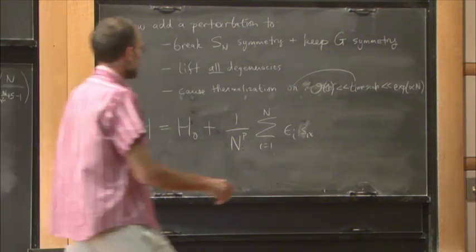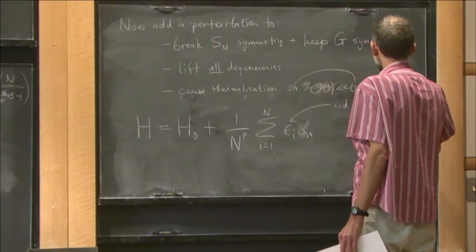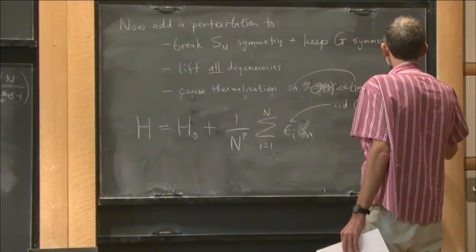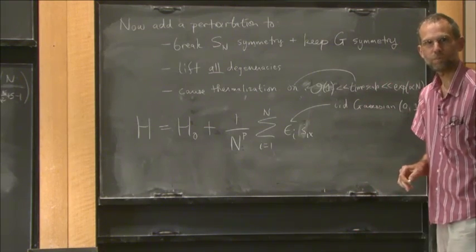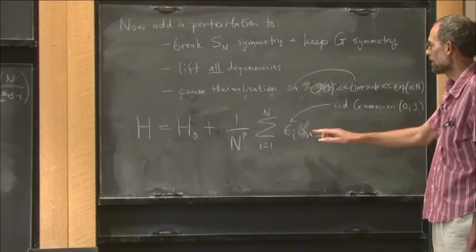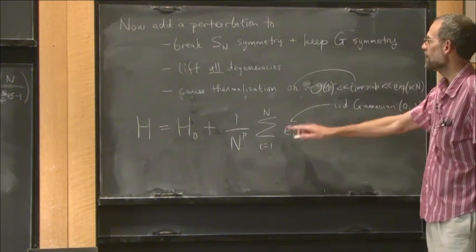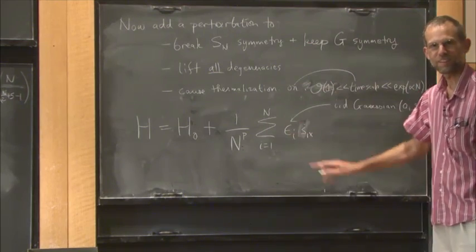And let's have these epsilon i be IID Gaussian, mean 0, variance 1. Okay? So the probability of any degeneracy remaining due to two of these being equal is 0.